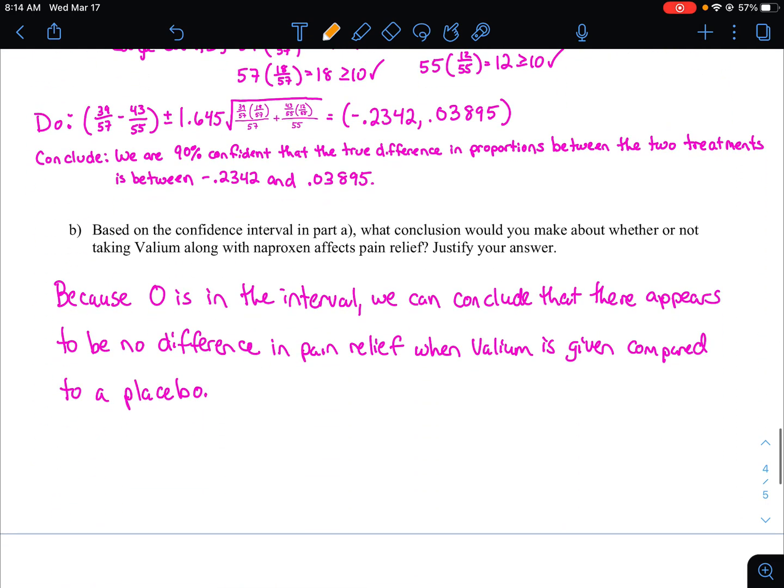This is where we go and we check. Because 0 is in the interval, we can conclude that there appears to be no difference in pain relief. It's plausible that these 2 proportions are the same, which means if they're the same, Valium doesn't have any additional impact on pain relief in comparison to the placebo.